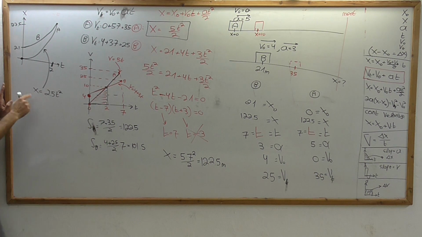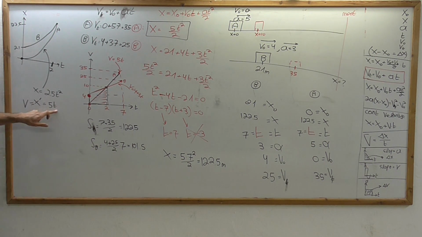If you do the derivative, you will get 5t. And what does it mean? We said that the derivative is the slope, and the slope is the velocity. So it's exactly the velocity. It's exactly the same equation that we had for the velocity.